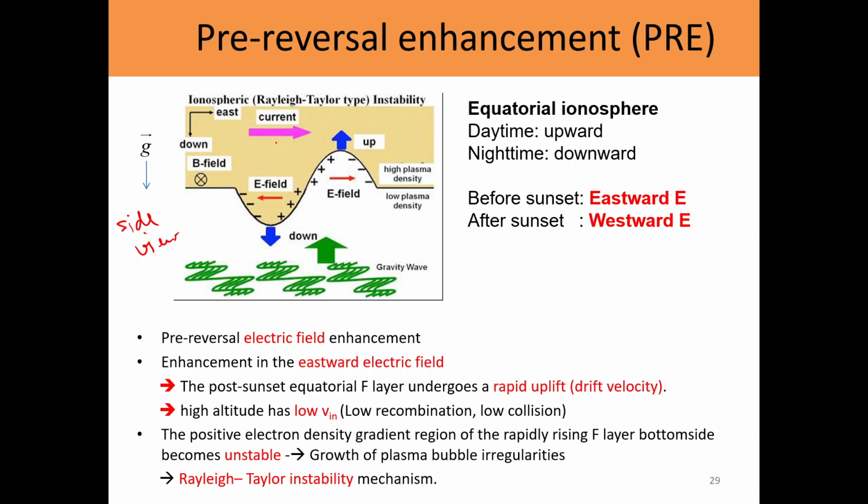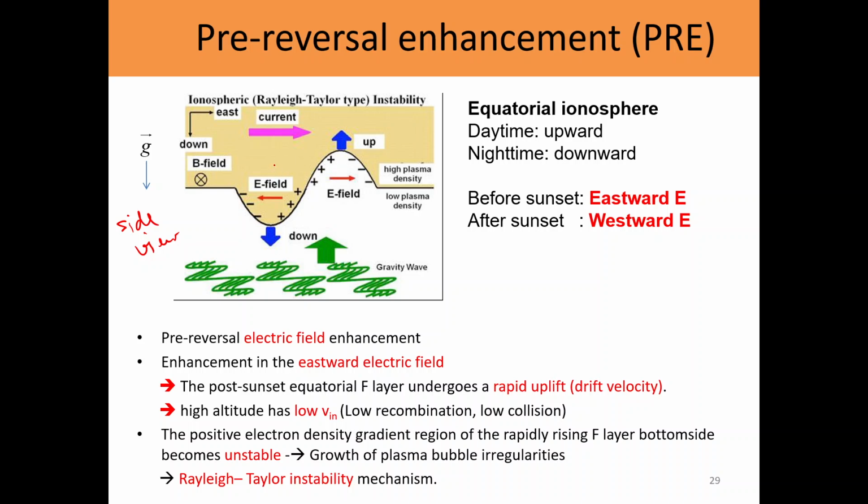So around sunset time, you have these types of changes of the solar energy at the sun terminated areas. Around this time, the electric field does not uniformly switch from east to west.